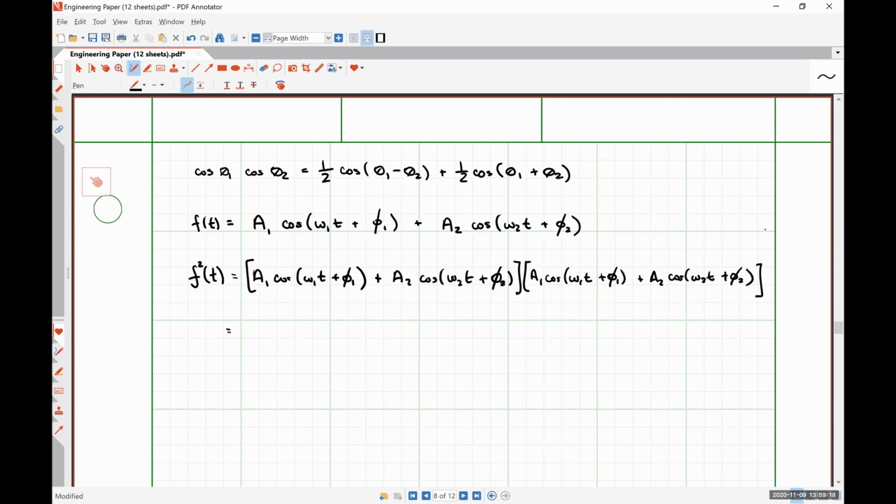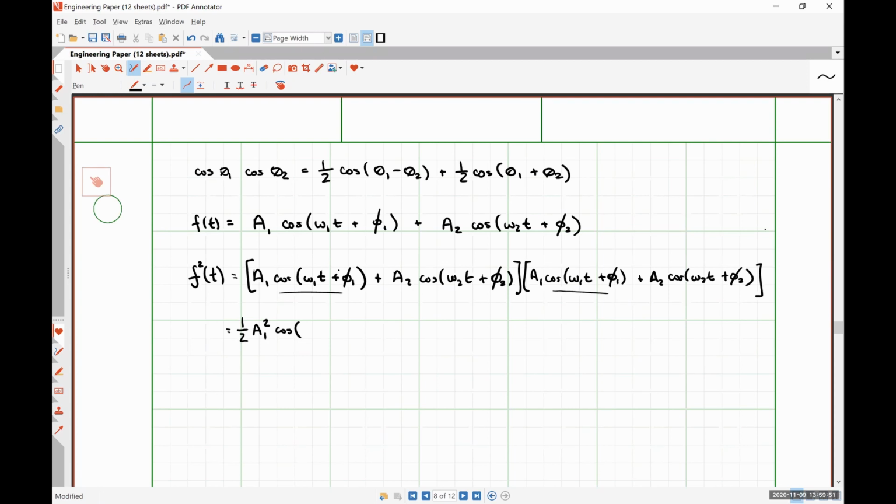Applying our first trig identity, when we multiply this by this, that's going to be 1/2 of a1 squared times the cosine of theta 1, which is omega 1t plus phi 1, minus this one over here, which is also omega 1t plus phi 1.